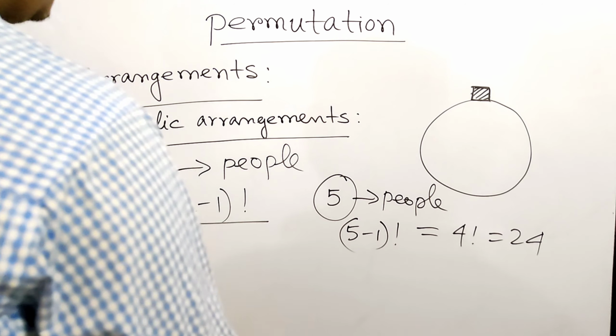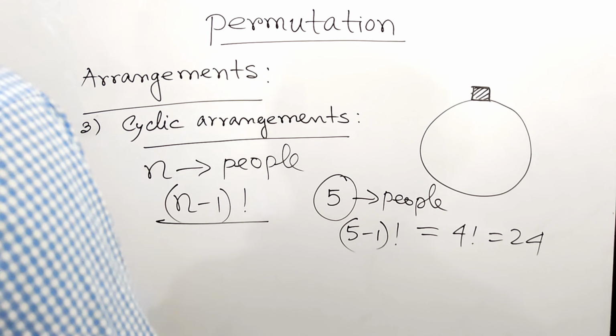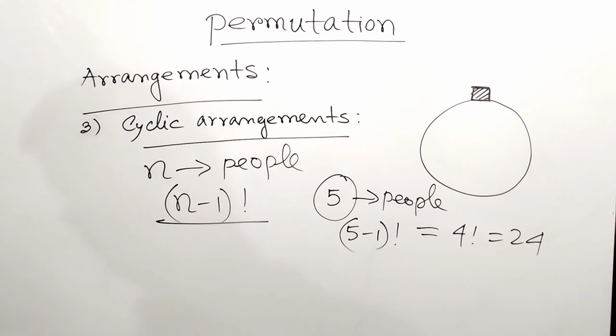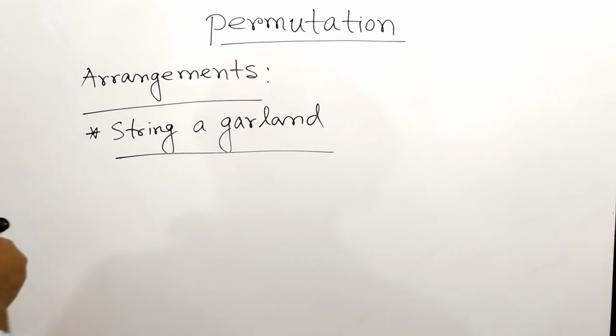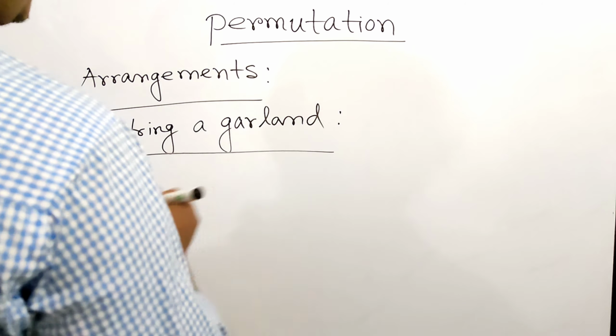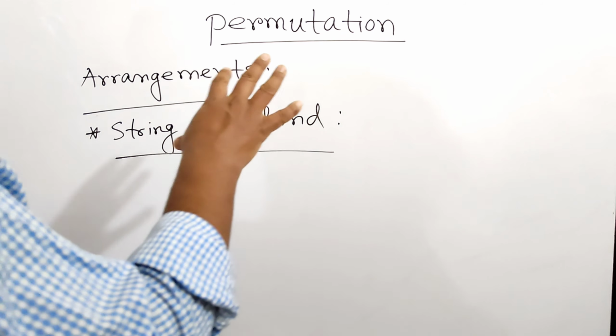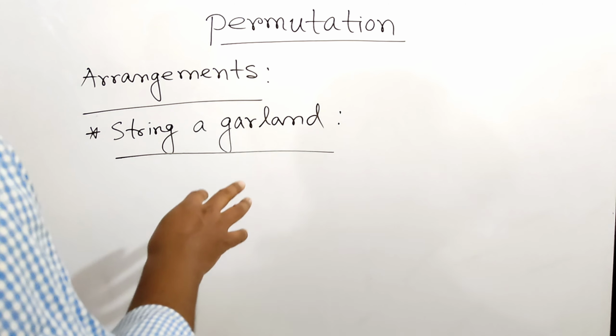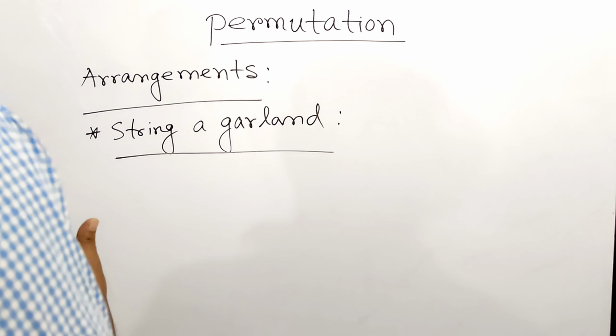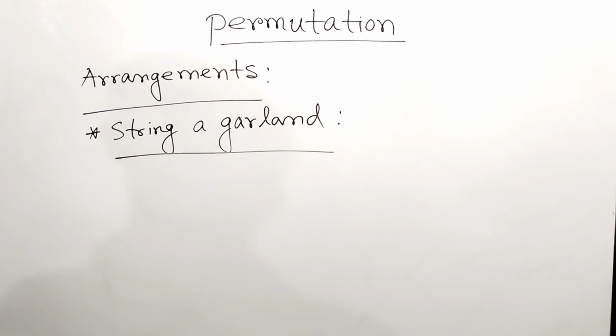Okay, now I'll show more examples from these arrangements. Another cyclic arrangement: stringing a garland. If someone would like to make a garland with some flowers, how can you do this?